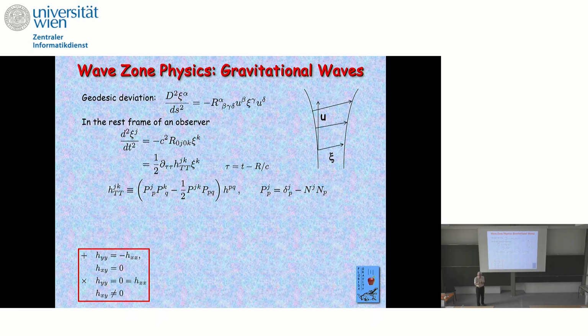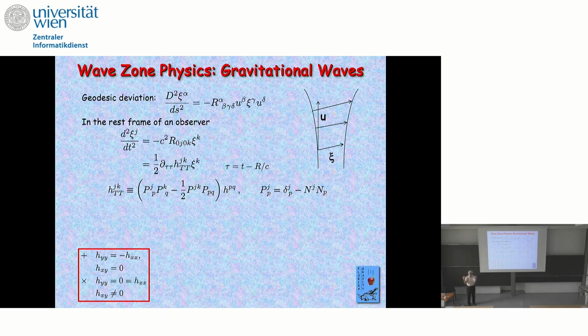If the source is here, you're only looking at components in this plane perpendicular. And you also add to this a term that makes the trace vanish. In other words, if I contract on J and K, if I add HXX plus HYY plus HZZ, I get 0. So it's transverse. It's perpendicular to the direction from the source and has no trace. This tensor has no trace.